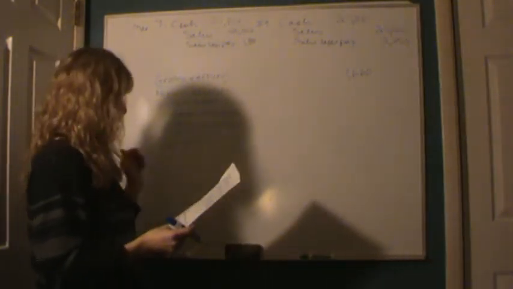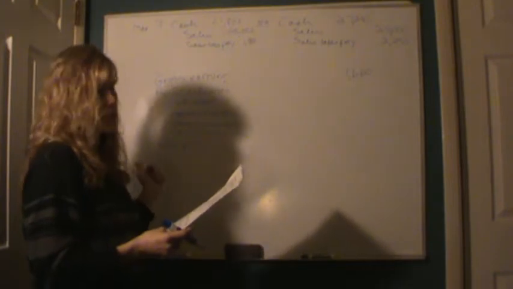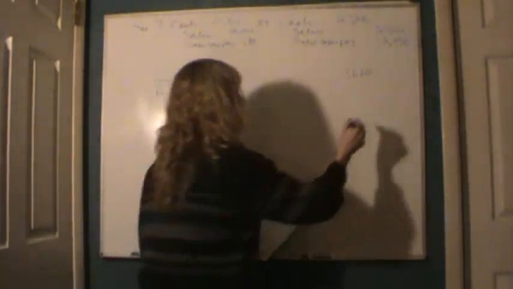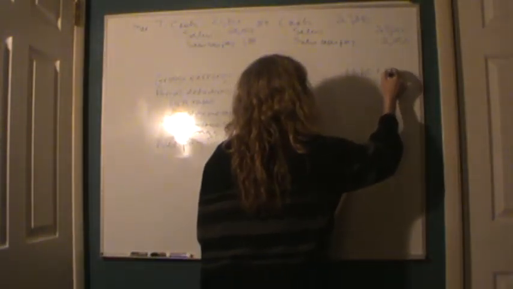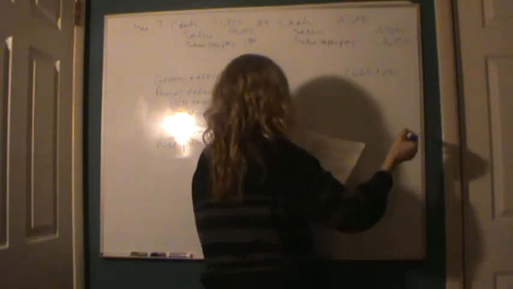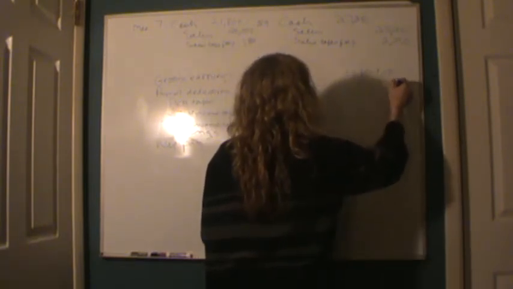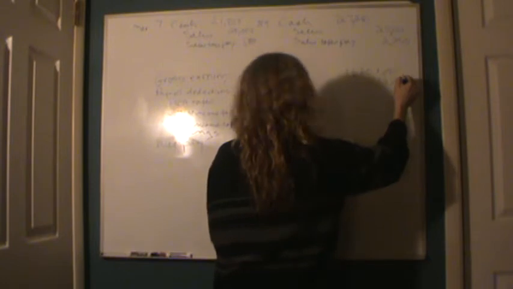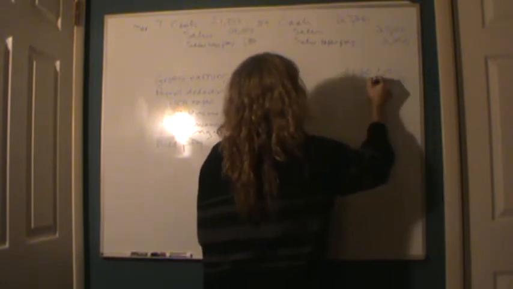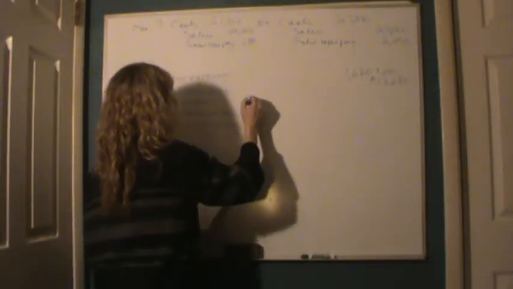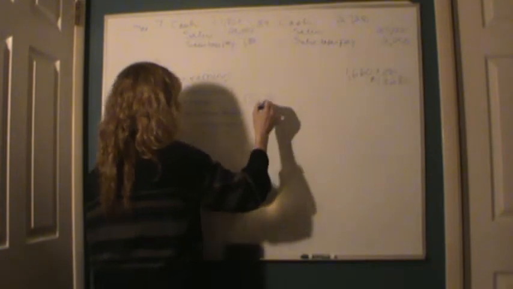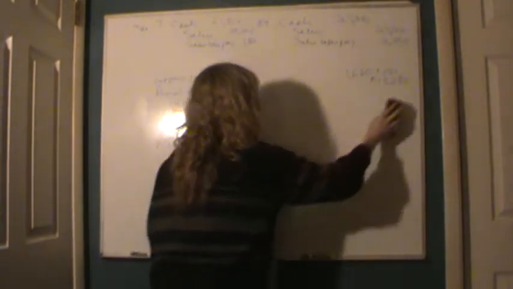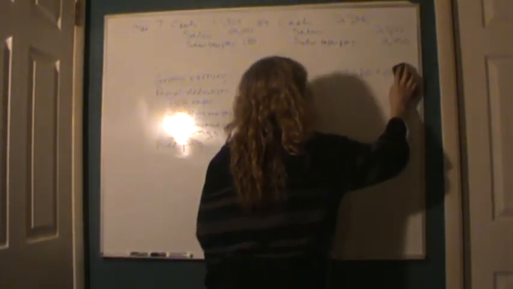Now what we have to do is account for her deductions. Her FICA tax is 8%. So if you multiply 1,660 by 8%, you will get $132.80. So her FICA is $132.80. We are given both her federal and state taxes.